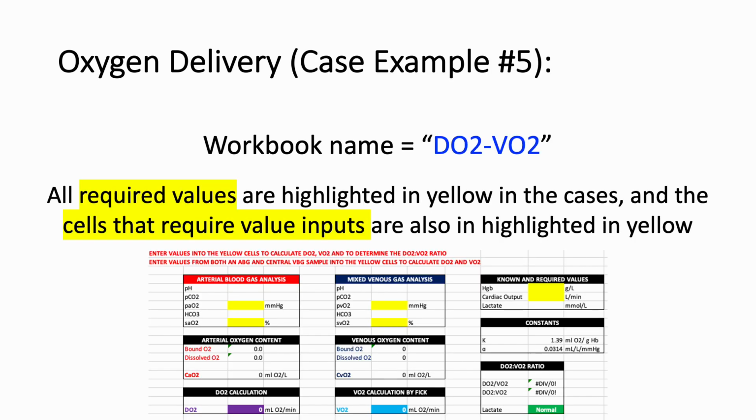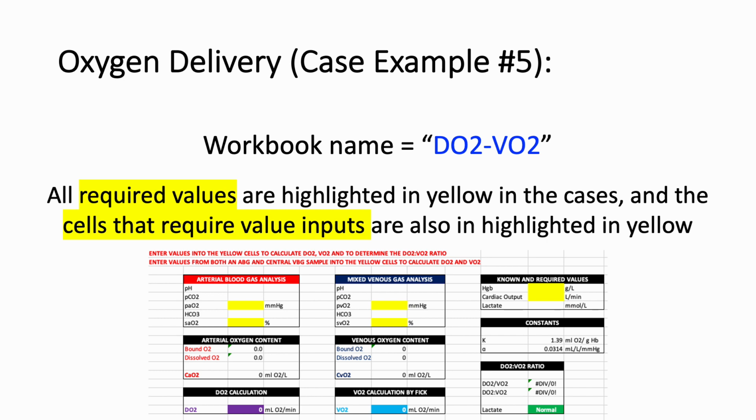Now that we understand a bit about oxygen delivery, we can practice calculating the DO2 for the patient's ABG in example case number 5 found on the next slide. Included in the case data is the cardiac output, which is required for the calculation. The relevant values required for the calculation are again highlighted in yellow and can be entered into the yellow cells in the workbook titled DO2-VO2 found in the attached spreadsheet.